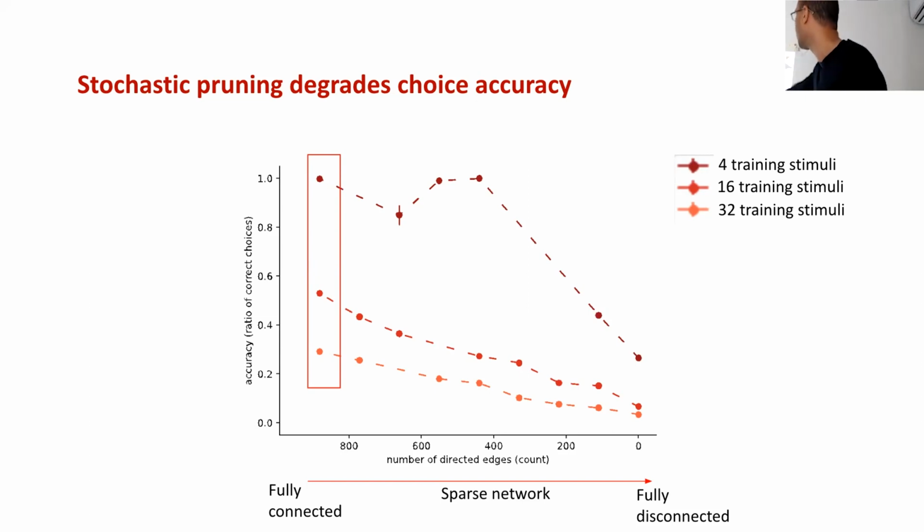And in between are all the different levels of sparsity. You see that in the top condition for 4 stimuli, the accuracy remains high and then starts dropping to chance level. And it's the same thing, it gradually drops for all the different memory loads. So sparsity, as expected, reduces the accuracy and the functionality of the network.